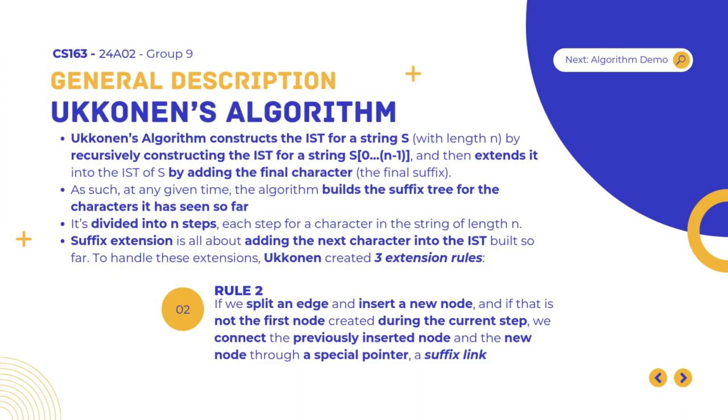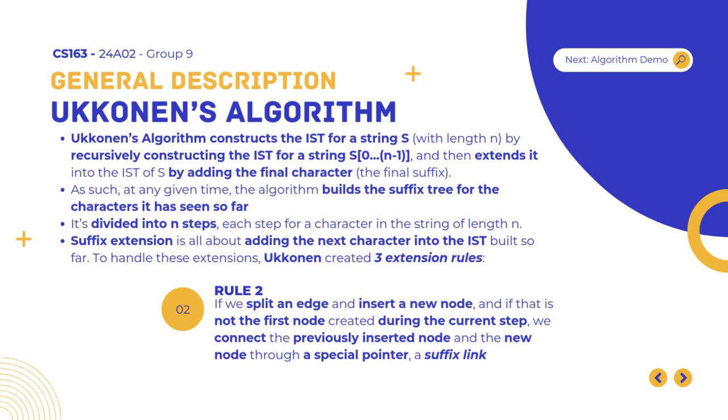Rule number 2. If we split an edge and insert a new node, and that was not the first node created during the current step, we connect the previously inserted node and the new node through a special pointer called a suffix link.